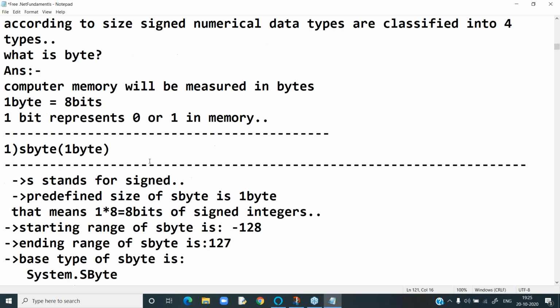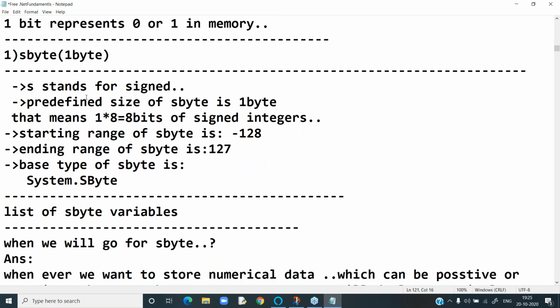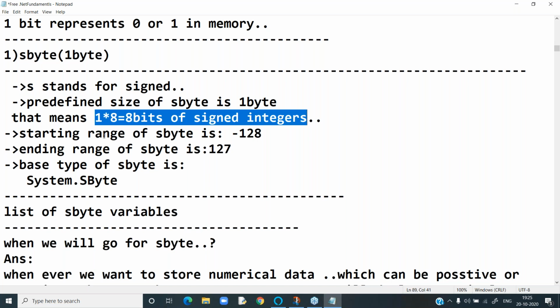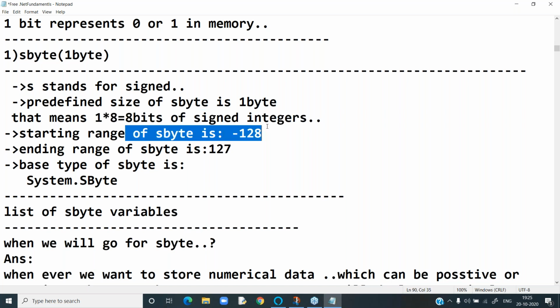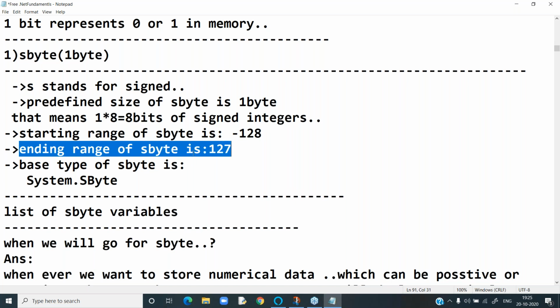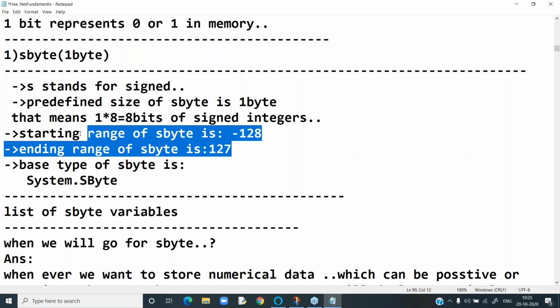Coming to sbyte, we discussed yesterday. 1 byte, S stands for signed. Predefined size of sbyte is 1 byte, that means 1 into 8 bits of signed integers. Starting range of sbyte is -128. Ending range of sbyte is 127. Means an sbyte variable can have a value between -128 to 127.